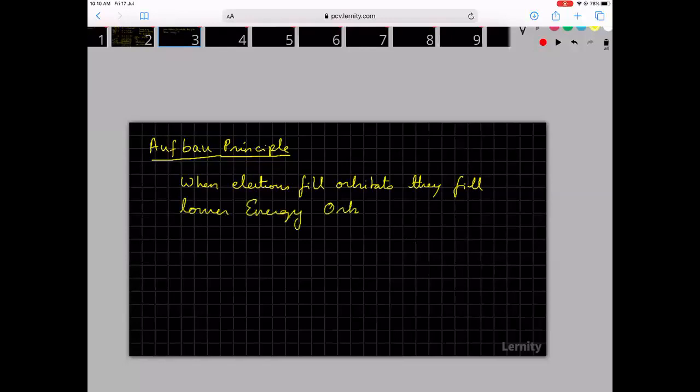Or the different orbitals are filled in increasing order of energy. That means the lower ones are filled first, and then the next one, and then the next one. So that subshell which has the minimum energy gets the first electron.